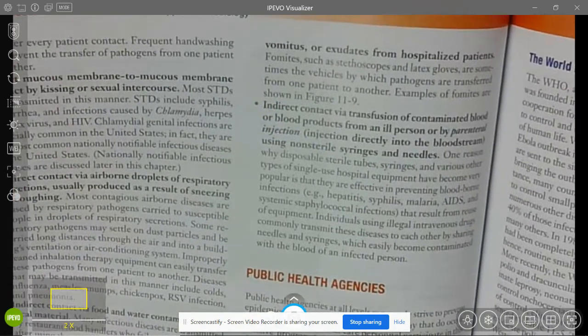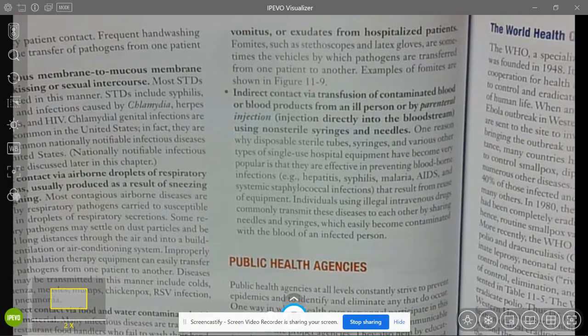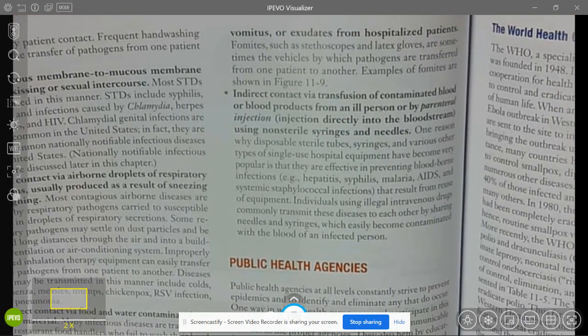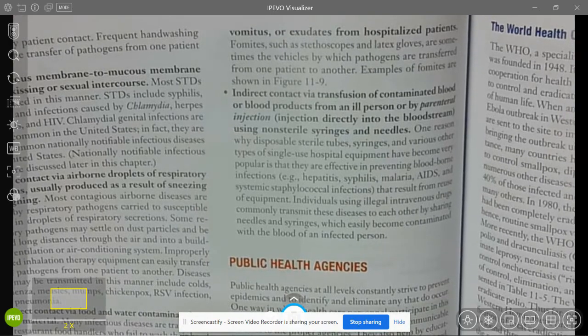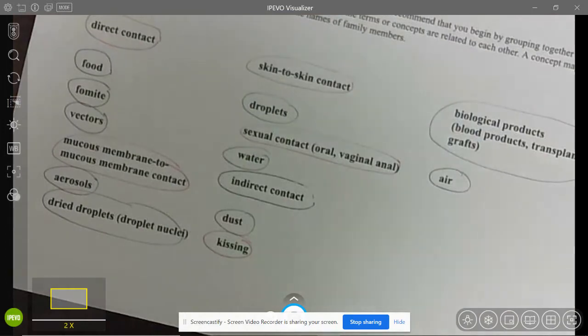And then you have indirect contact by transfusion of contaminated blood or blood products. This is what we would also refer to as biological products. And that's the term that I've used on the actual concept sheet.